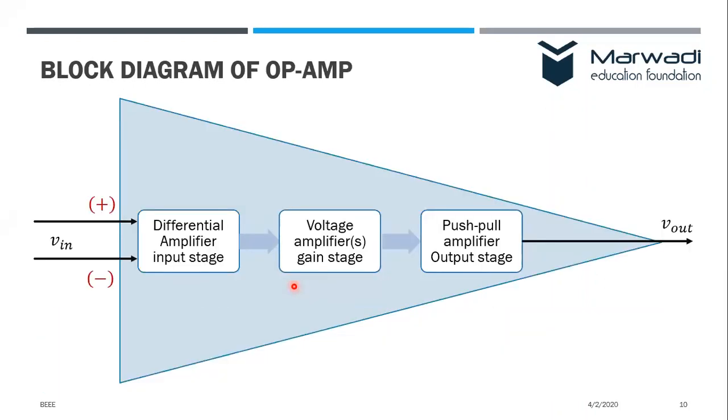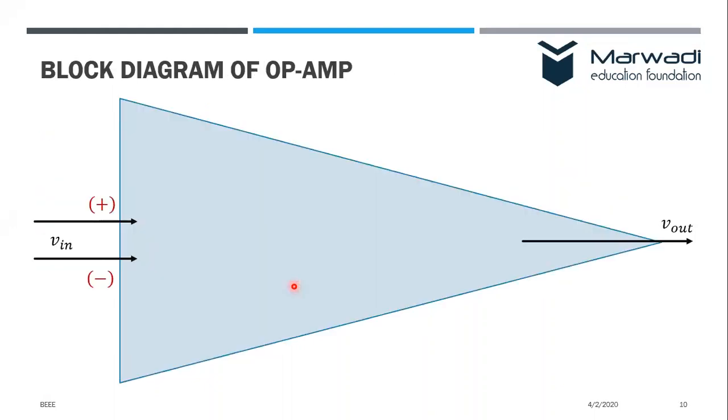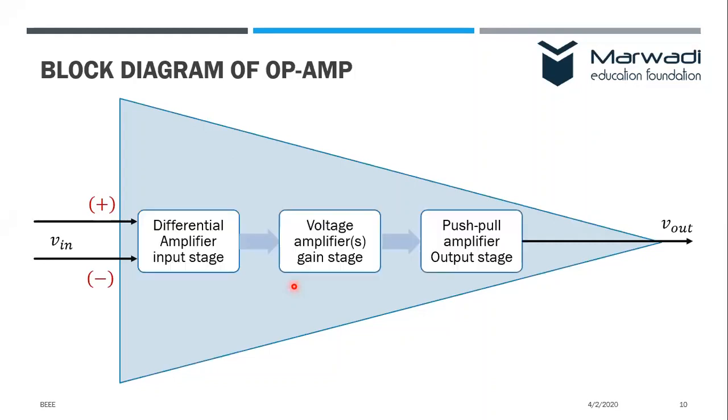So somebody is asking me, can I again explain the block diagram? See, what is inside the 741 or operational amplifier is a circuit, but that circuit is effectively divided into three blocks, right?